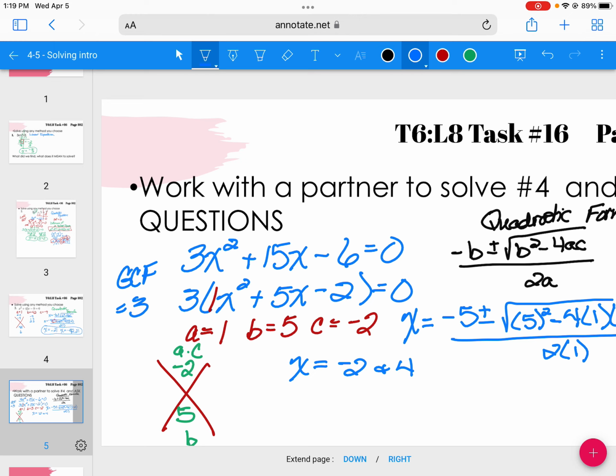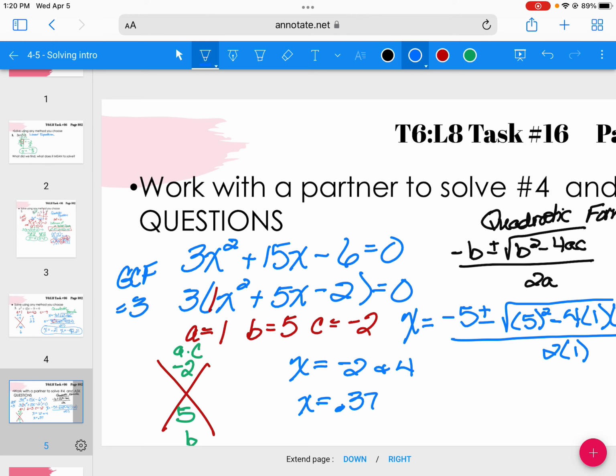Anybody else get something? What'd you get? 0.37. And did you get a second one? No? Well, let me take a look.